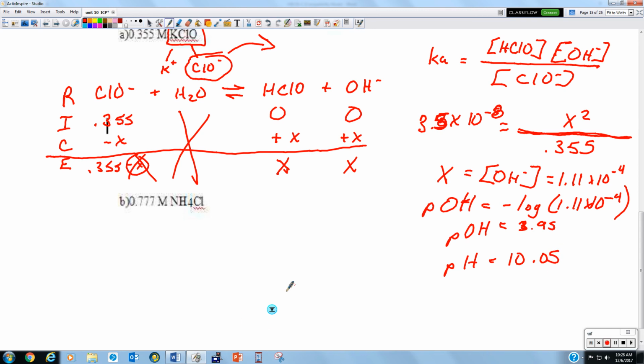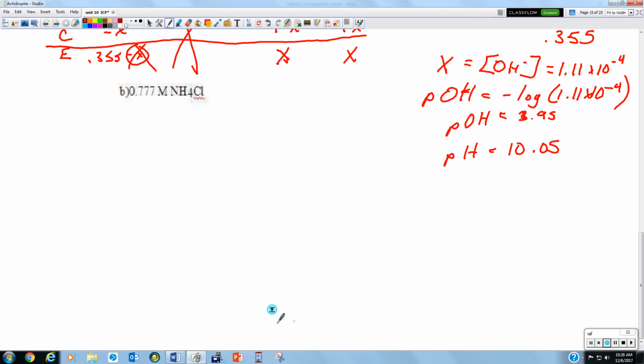All right. So looking at the last one here, let's go ahead and break this down. So we have NH4 and Cl. When we break this up into its ions, we would be getting NH4 plus ion, which is positive, and chloride ion, which is negative, right?